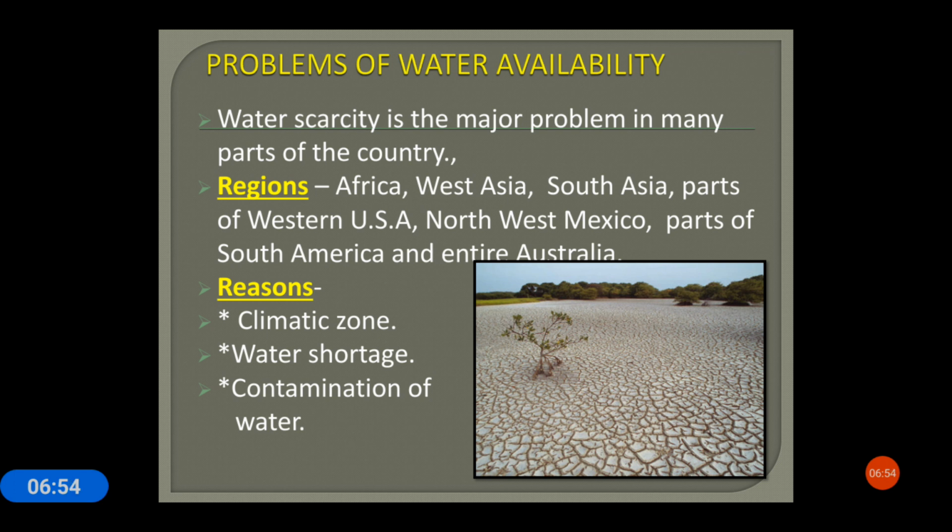Yes, in the previous part we discussed the water cycle, right? If that cycle is also interrupted, then people can face scarcity of water. Third one, contamination of water. Yes, contamination of water is the major problem.